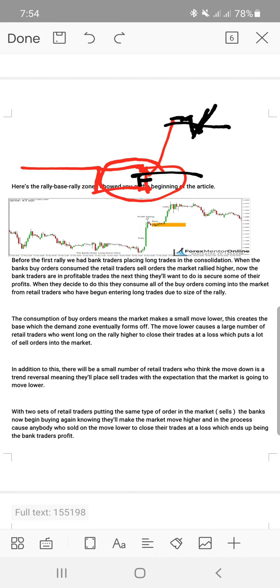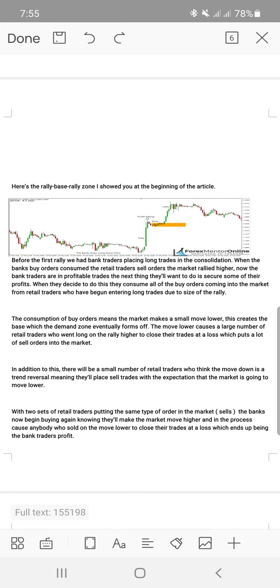By buying now, they have taken out people that were selling and made them lose money, and they will now push price further up. So you see that there's actually a war between the retail traders and the institutional traders. That is why knowledge is very, very important.